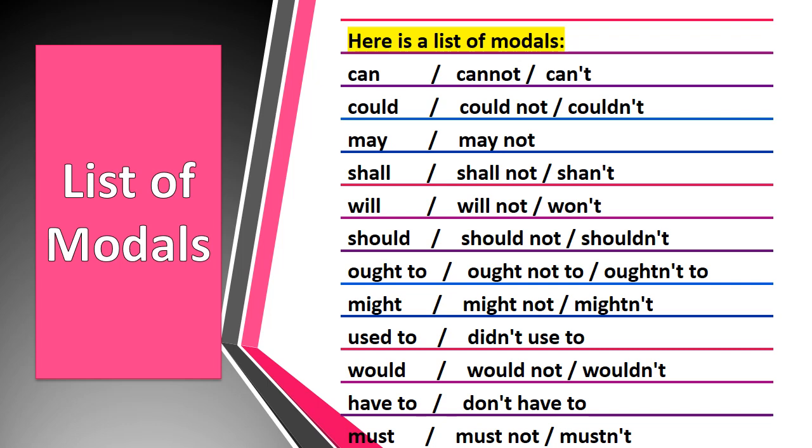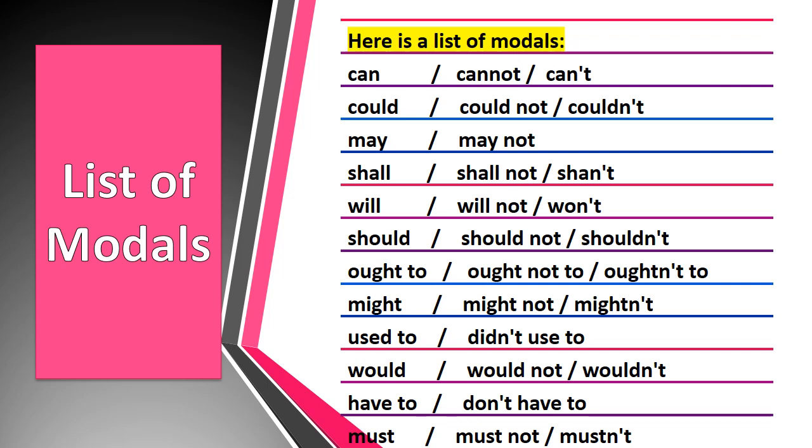Same way, could, negative could not, contracted form couldn't. May, may not, shall not, or in contracted form shan't. Will, negative is will not, contracted form is won't. Should, negative is should not and its contracted form is shouldn't.